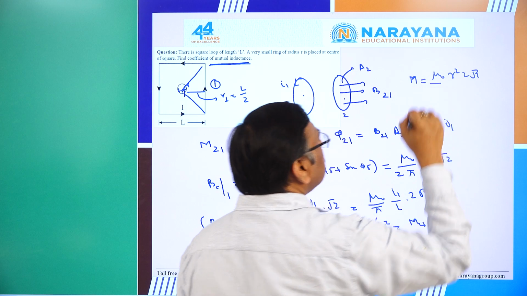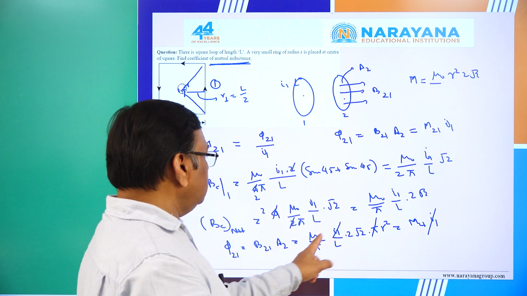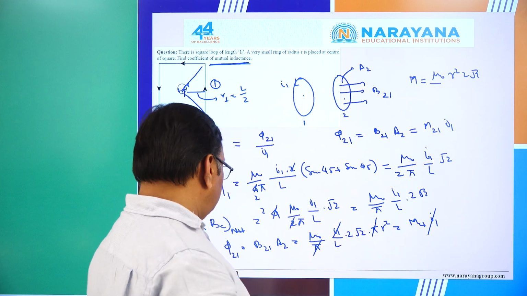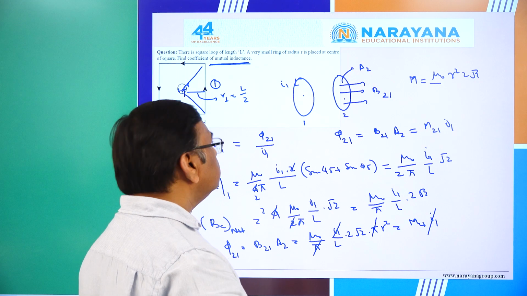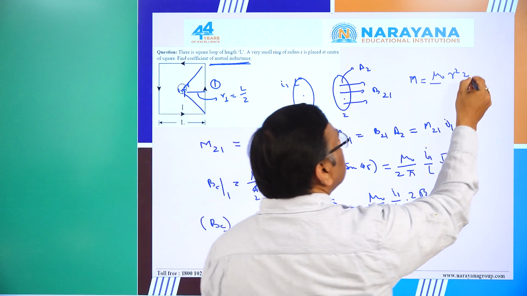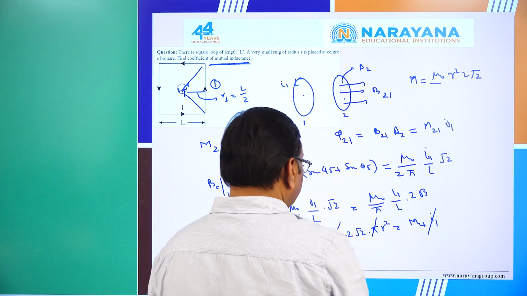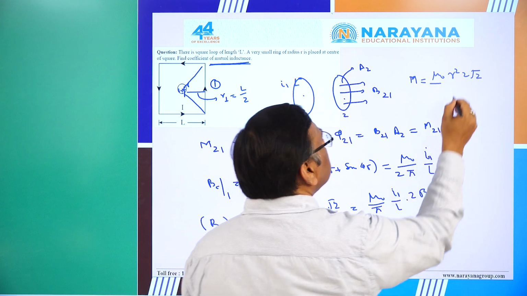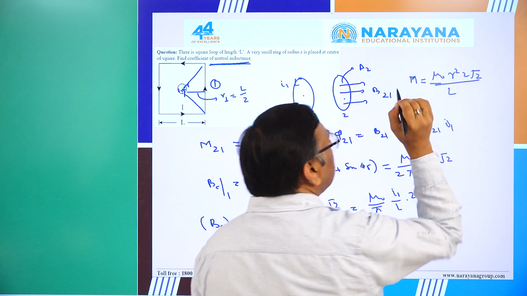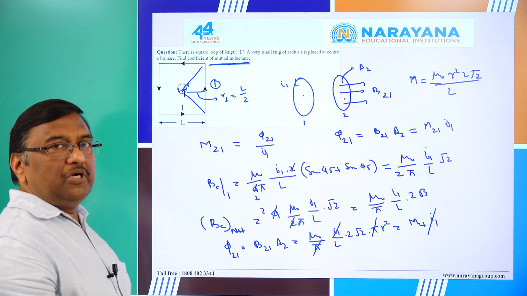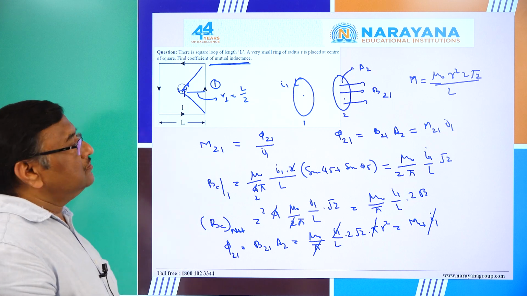So mu 0 r square 2 root 2 divided by L. That should be the coefficient of mutual induction for this loop.